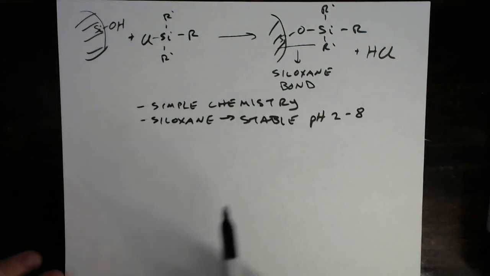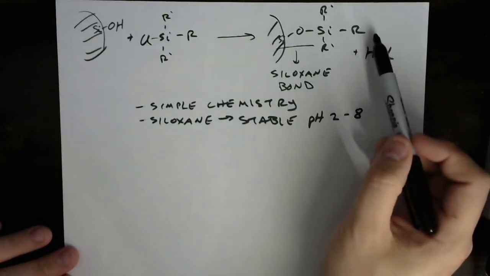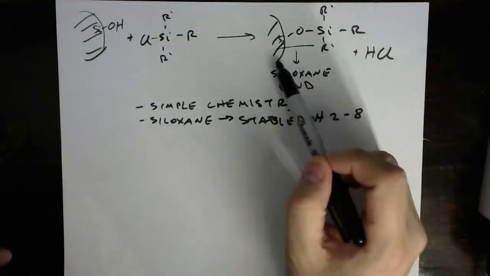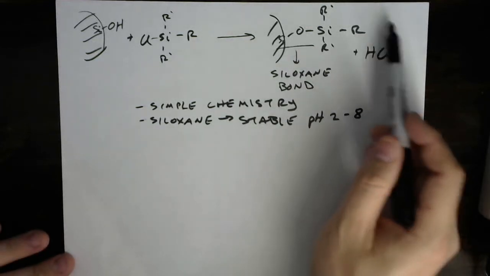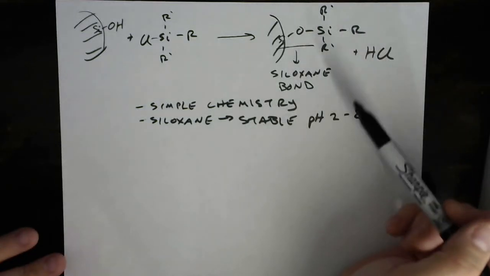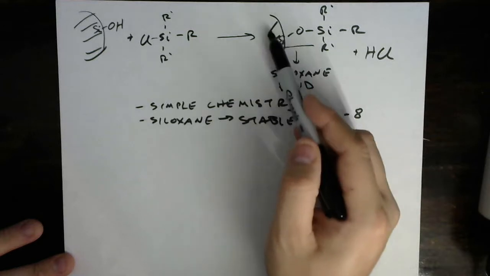So basically what happens is we are forming a stationary phase, and in this case, if this is nonpolar, it's the equivalent of an organic phase in a liquid-liquid extraction that is immobilized via this siloxane bond to the silica particle.